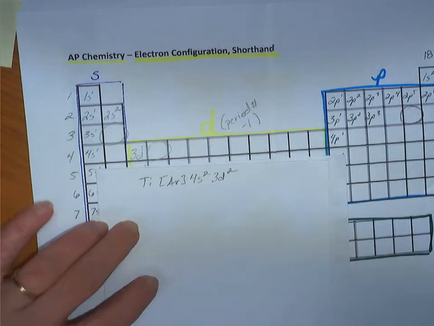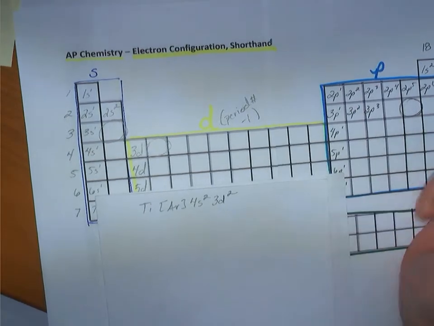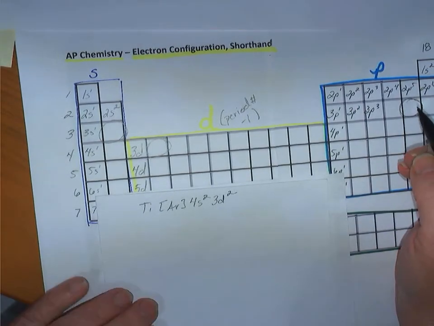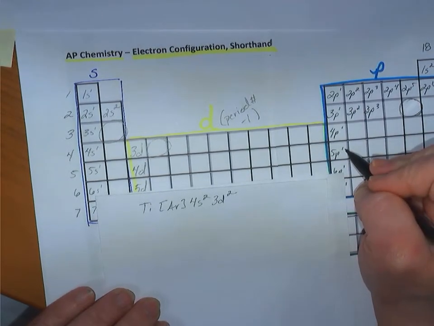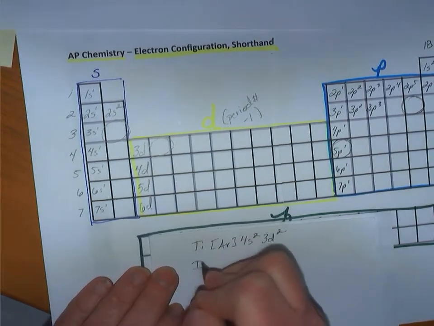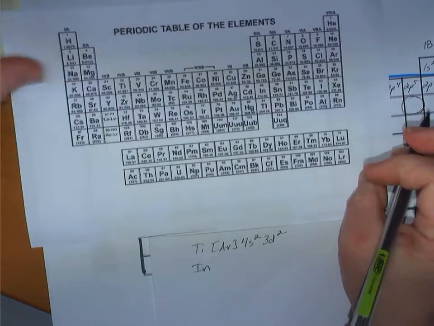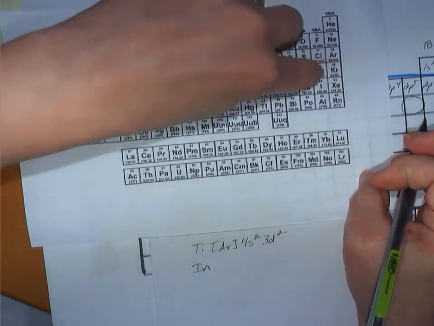All right, why don't we try how about indium? Indium is here. Okay, so it is in the fifth period, so I need to go to the fourth period and get that noble gas, which is krypton.